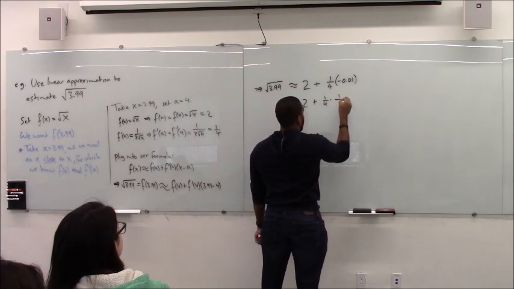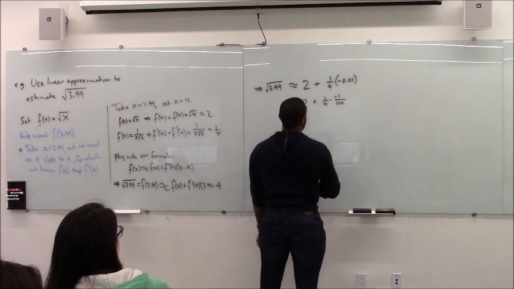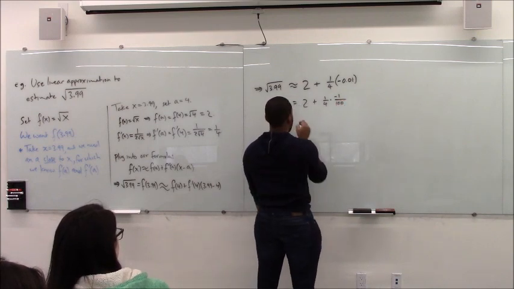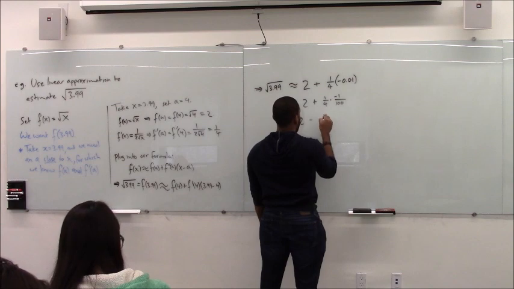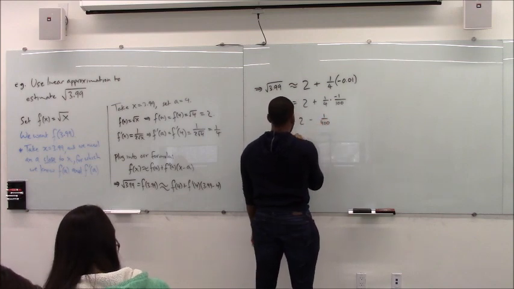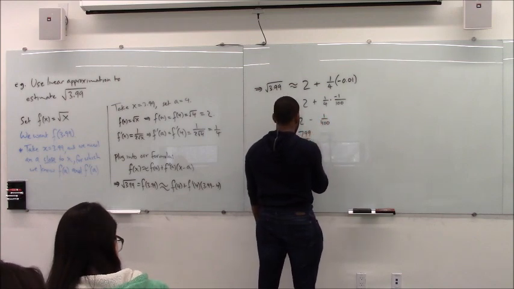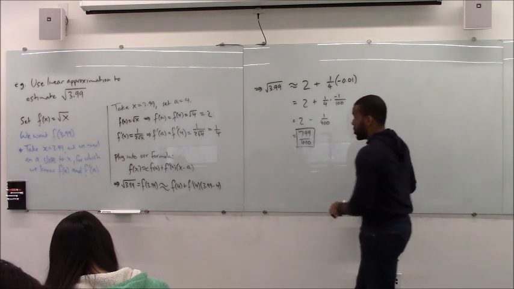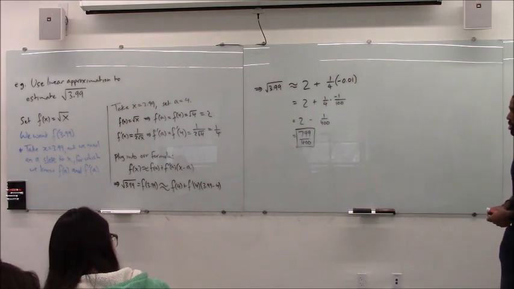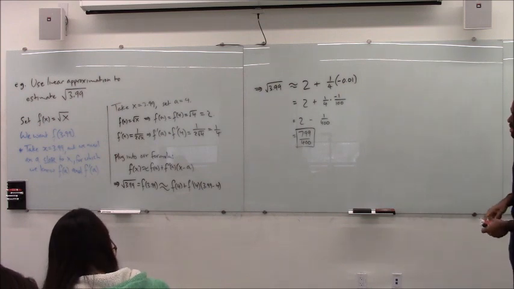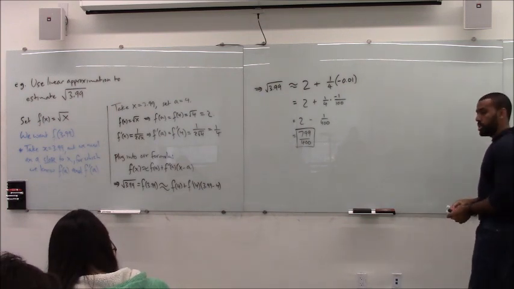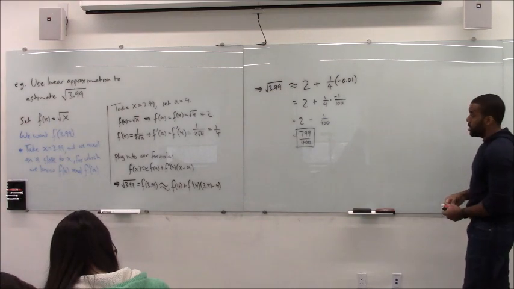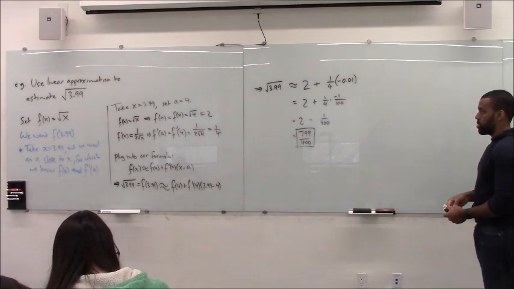We can write that as minus 1 over 100. So it's 2 minus 1 over 400, which is 799 over 400. I don't know exactly what the square root of 3.99 is, but using a tangent line, using a linear approximation, my guess would be 799 over 400.